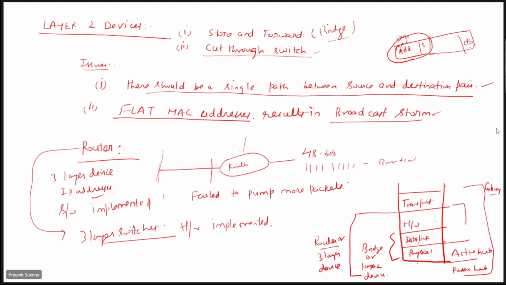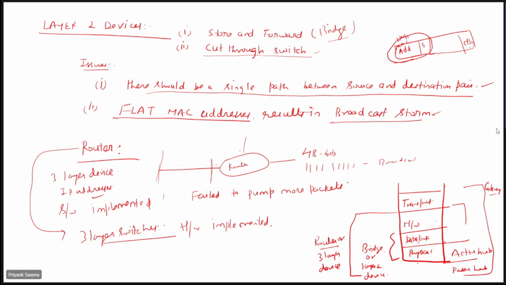Then a flat MAC address results in a broadcast storm. Flat MAC address means, suppose a layer 2 device is malfunctioning. As you have seen in Ethernet, we set all 48 bits to 1, that means it is a broadcast address.